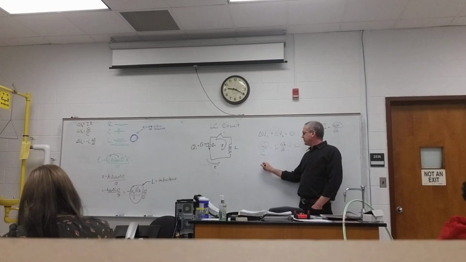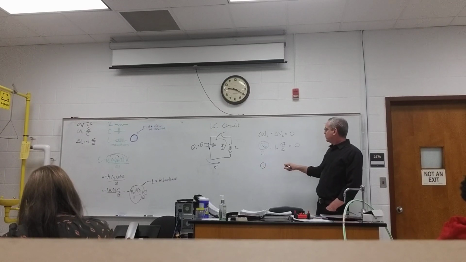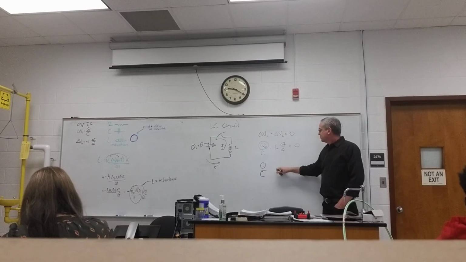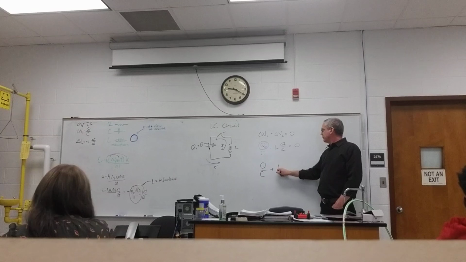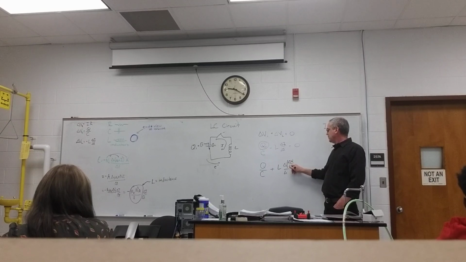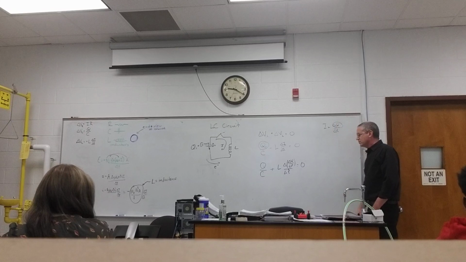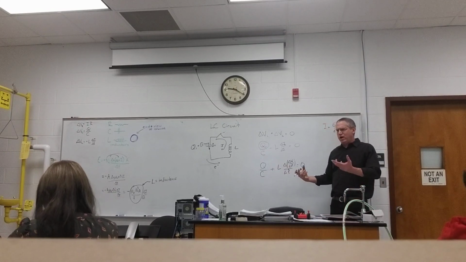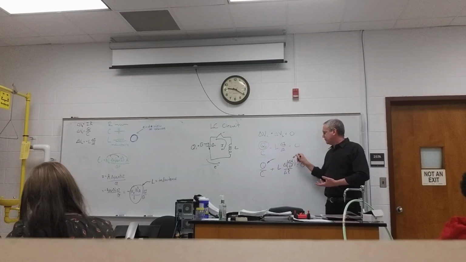So if I look at, let's see, how do I want to do that? I'm hand waving this anyway. All right. So Q over C plus L delta I over delta T, throw in a delta Q over delta T. So we now have this equation here with charge in it.